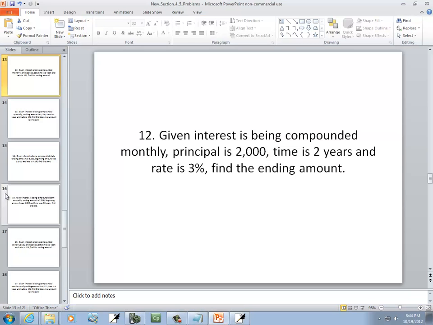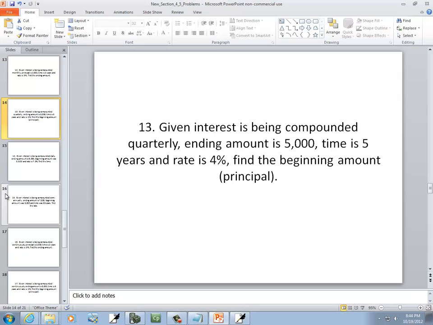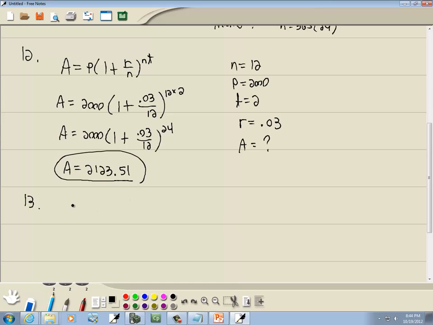And let's look at our next example, number 13. Given interest is being compounded quarterly, ending amount is 5,000, time is 5 years, and rate is 4%. Find the beginning amount. It doesn't say compounded continuously, so the formula we want to use is this one again.